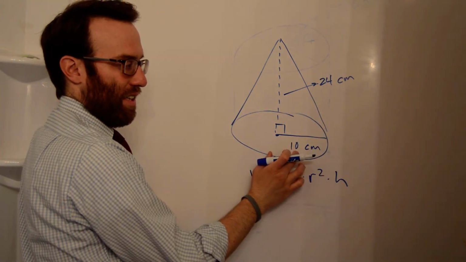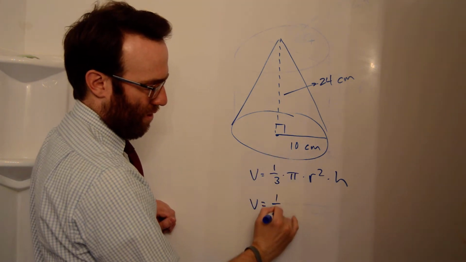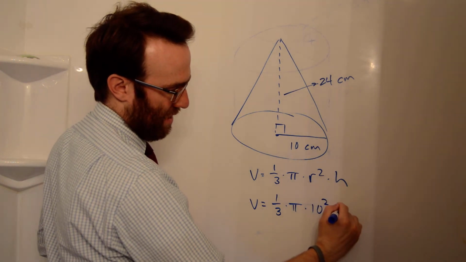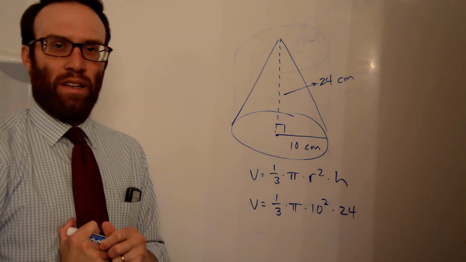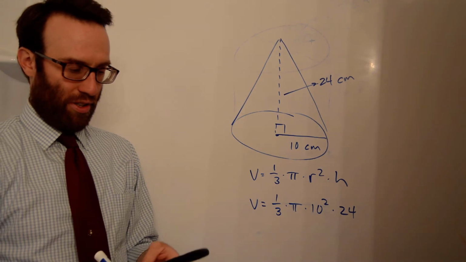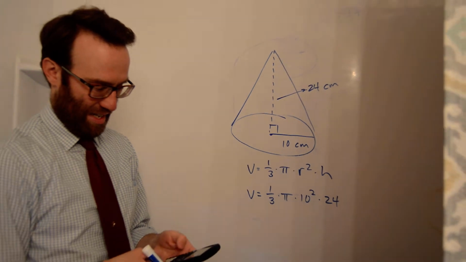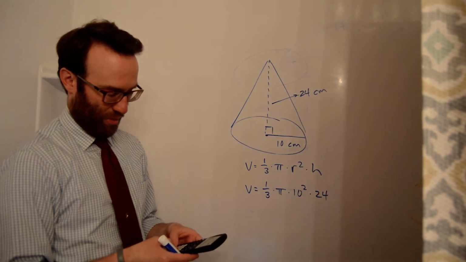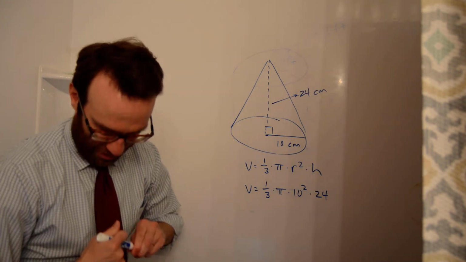I know my height, I know my radius here, so I can leave it at that. Volume equals 1/3 times pi times 10 squared times 24. So we worked through that, and if you're really good at it, you just put it in your calculator all at once. So 1/3 times pi times 10 squared times 24, and that is going to give me a large looking number.